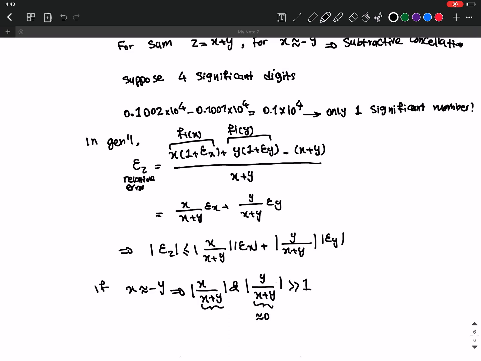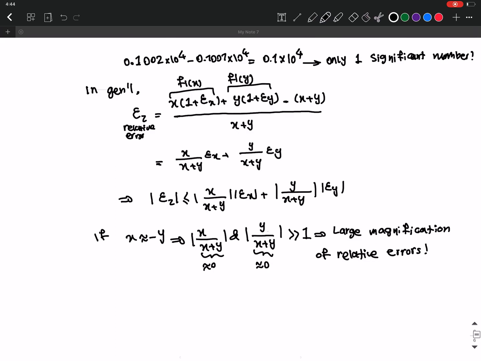This is going to lead to a large magnification of relative errors. This is sometimes called catastrophic cancellation.